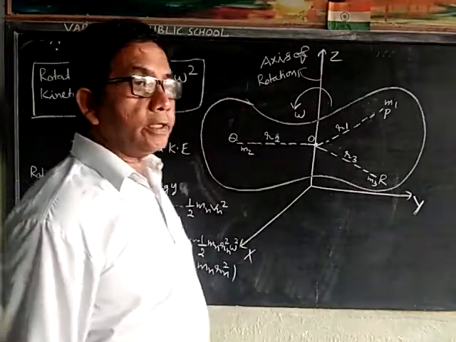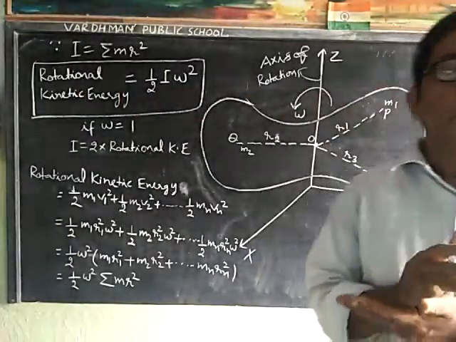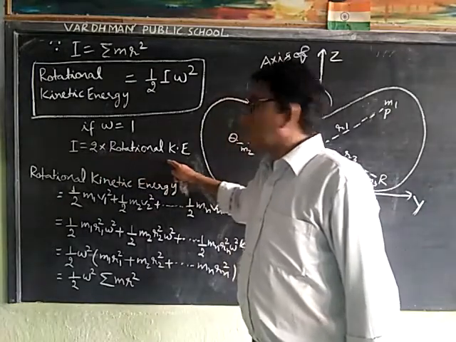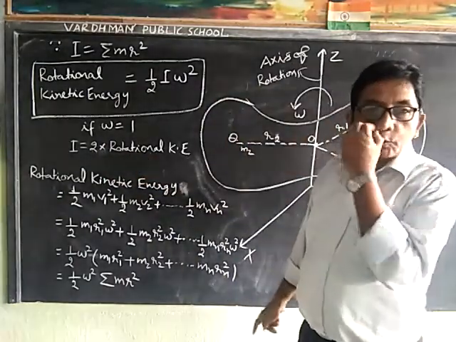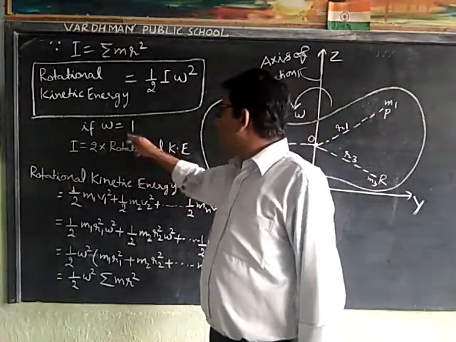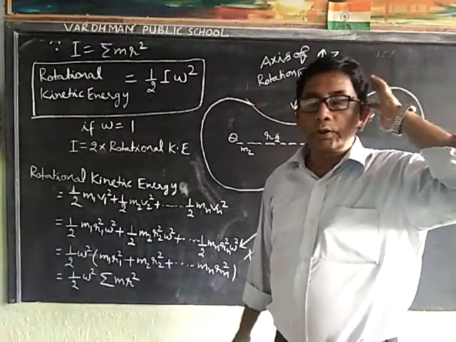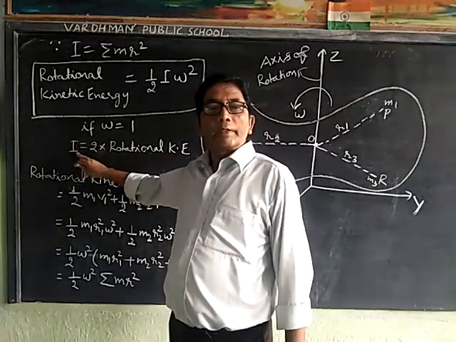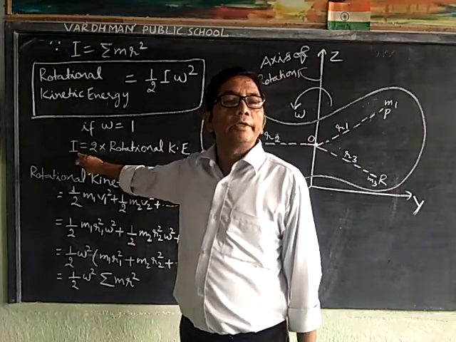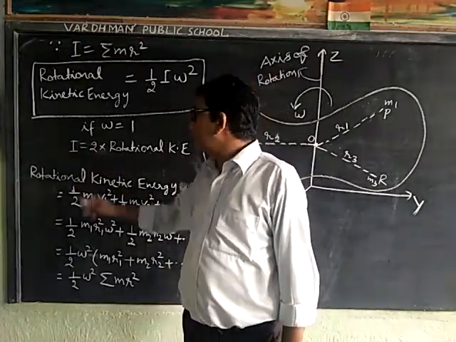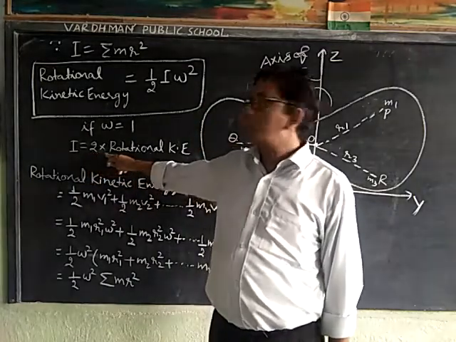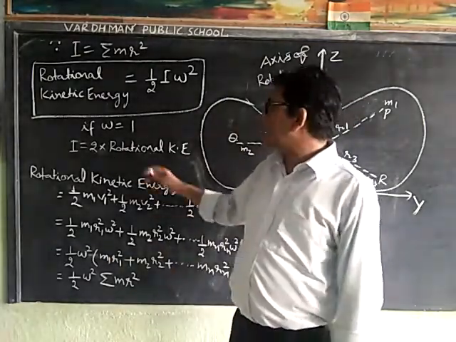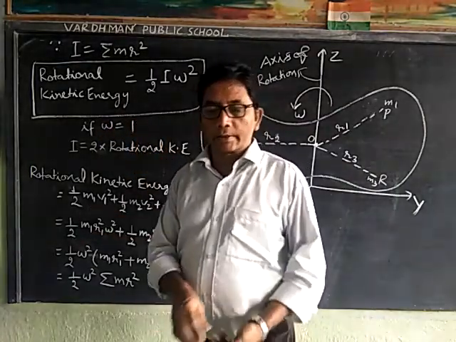The moment of inertia of a rigid body about an axis of rotation is numerically equal to twice the rotational kinetic energy of the body when it is rotating with unit angular velocity about that axis.